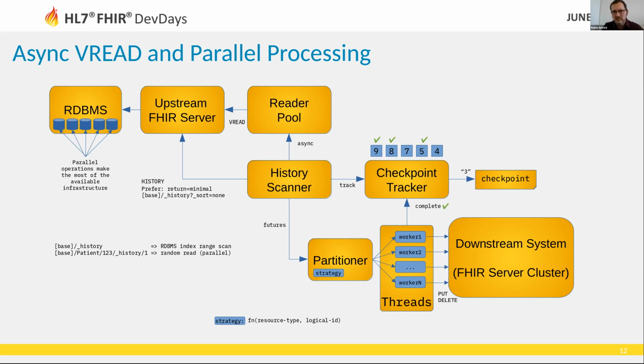It makes use of multiple threads on the available platform, and also makes use of a lot of these RDBMS resources. It makes use of a large cluster of FHIR servers, maybe both in the upstream and the downstream systems. It does require slightly more sophisticated checkpoint tracking, and I've got a slide on that a little bit later.